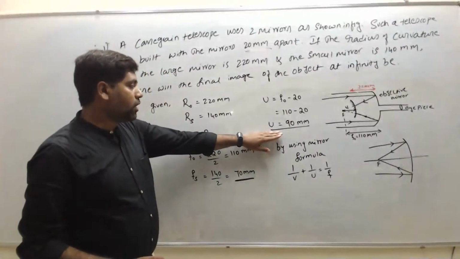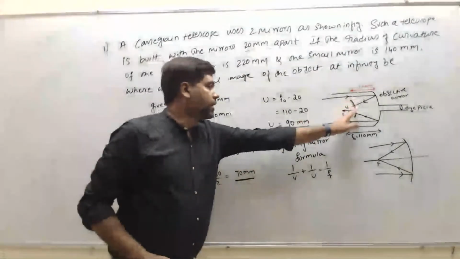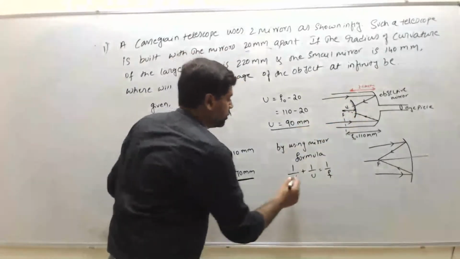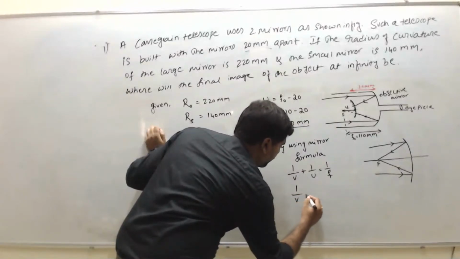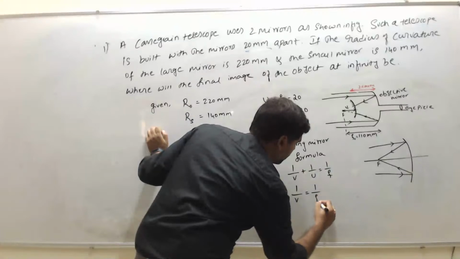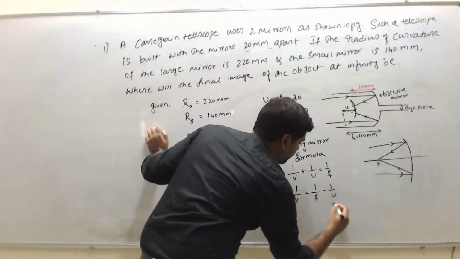So this one is the virtual object for the convex mirror. Here we have to find out v. 1 by v equals, if we shift this one to the RHS, 1 by f minus 1 by u.